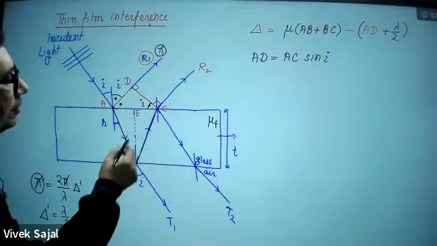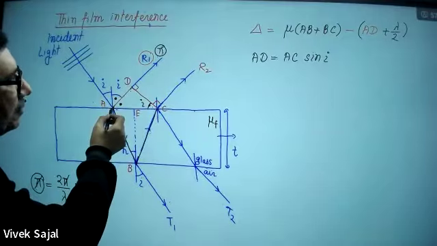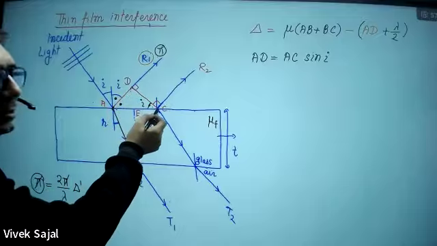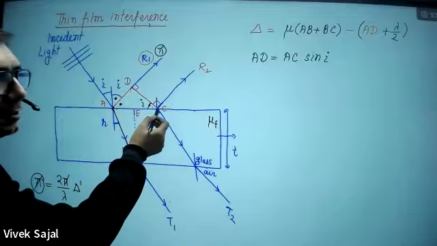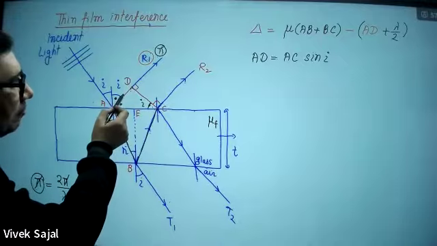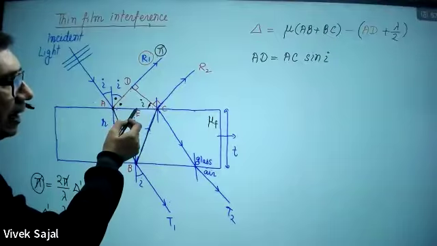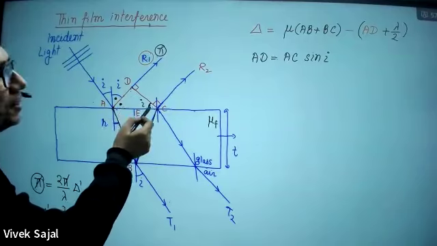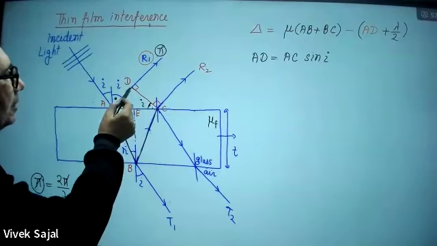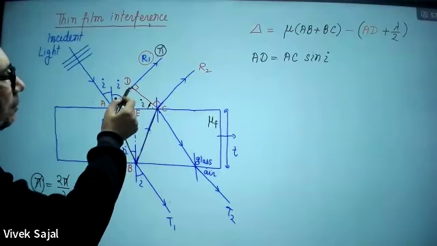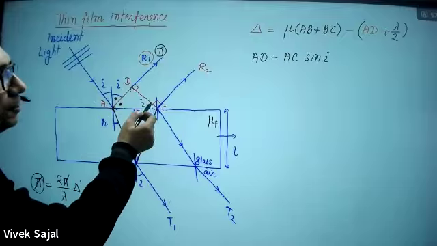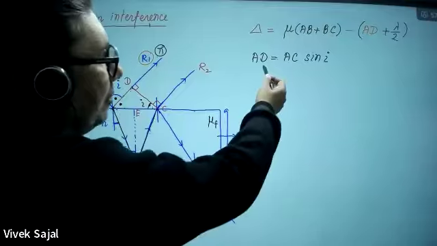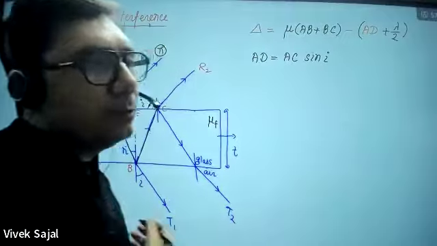ACD. Draw this. This is perpendicular, this is base, this is hypotenuse. So this will be perpendicular divided by hypotenuse, which is sin I. So this perpendicular AD will be hypotenuse into sin I, so AD will be AC sin I. Why am I doing this?